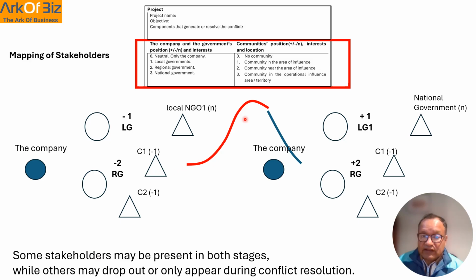For the conflict escalation, there are stakeholders, governments, and communities against the company, others in favor. The same happens in the conflict resolution. However, you have to keep in mind that some stakeholders may be present in both stages, while others may drop off or only appear during conflict resolution.